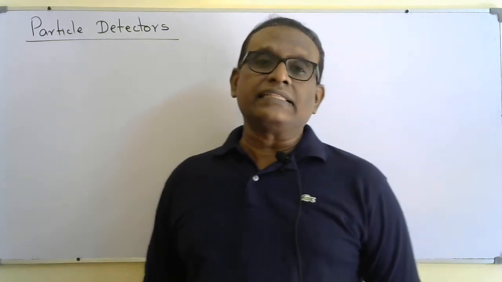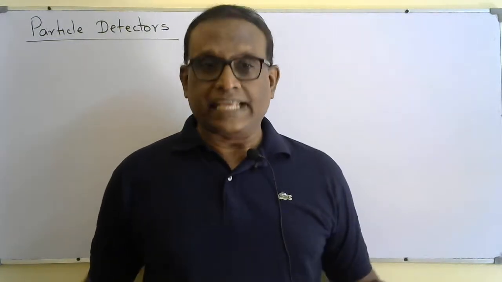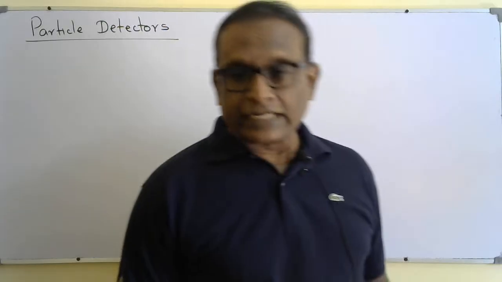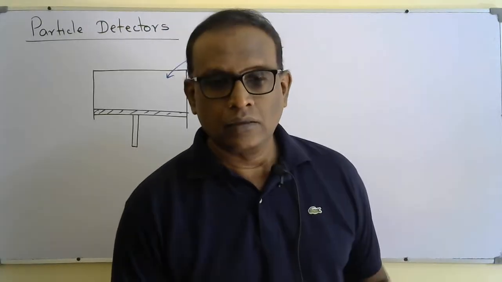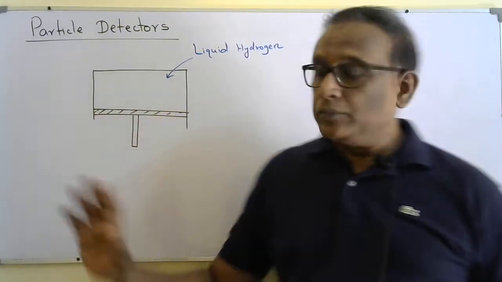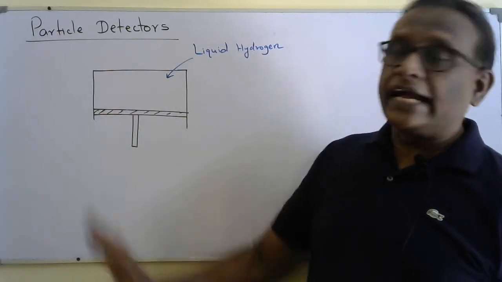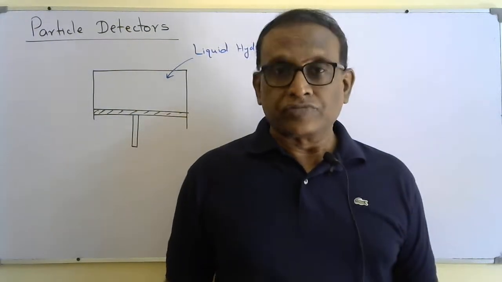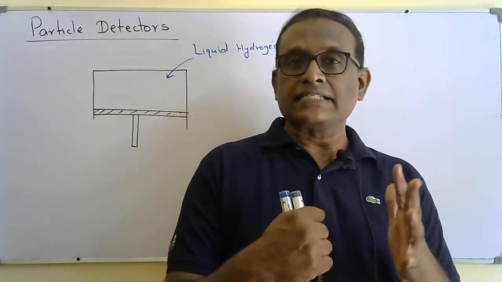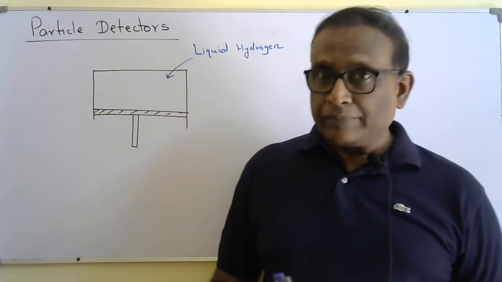So we'll first think about the bubble chamber. The bubble chamber block diagram is given like this. This is a simple block diagram of the bubble chamber. It consists of liquid hydrogen. You know, all gases can be liquefied by compressing the gas and by reducing their temperature.